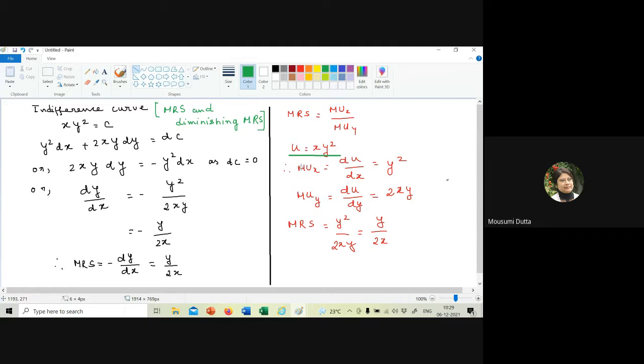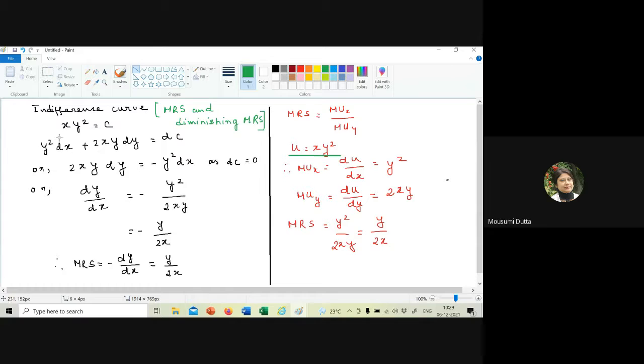From there, I can derive the marginal utility of x, which is du/dx, and I get y². The marginal utility of y, du/dy, is 2xy. MRS = MUx/MUy, so it will be y²/2xy = y/2x.